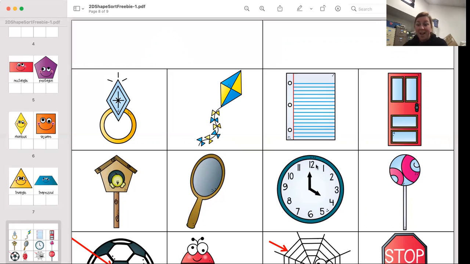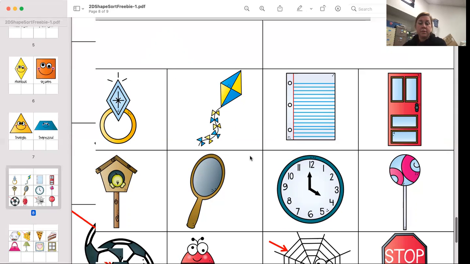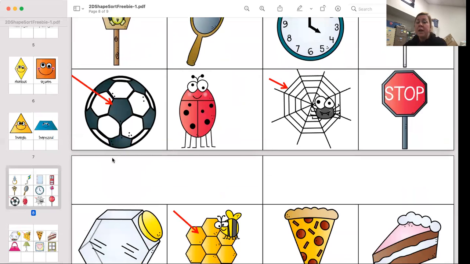Then we have a clock, and that clock is round. So I bet you guys know what this is. A circle. And here's another circle with the soccer ball. All right, this one's tricky because you think it's a circle because it's a soccer ball, but they're asking you what this little tiny block is, this black block.